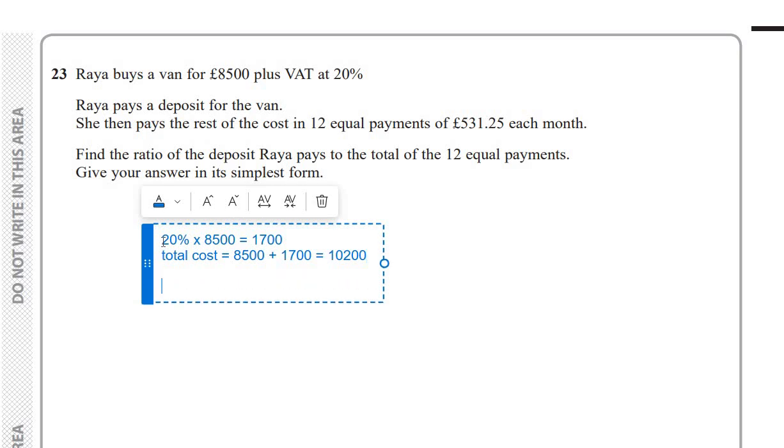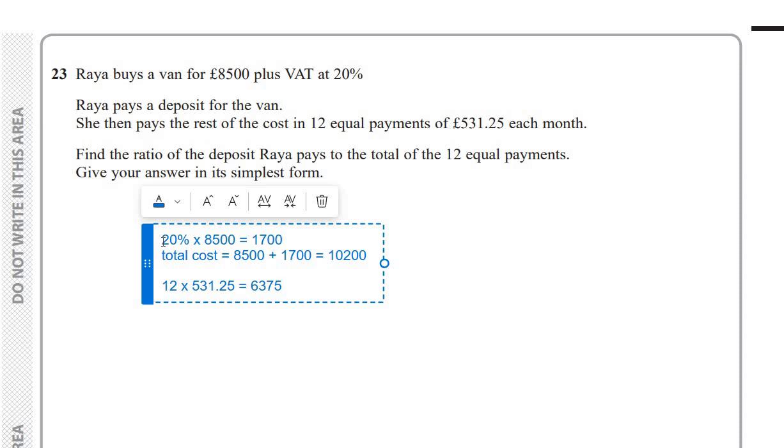And well, 12 equal payments of that, so 12 times 531.25, that is 6,375. This is what she pays in 12 months, 12 equal payments.